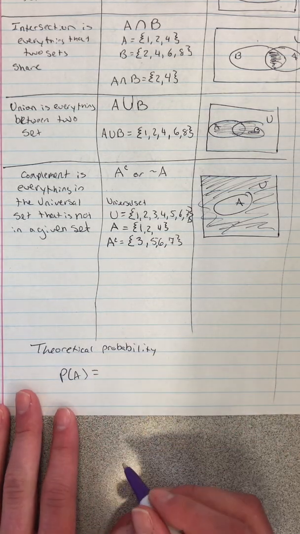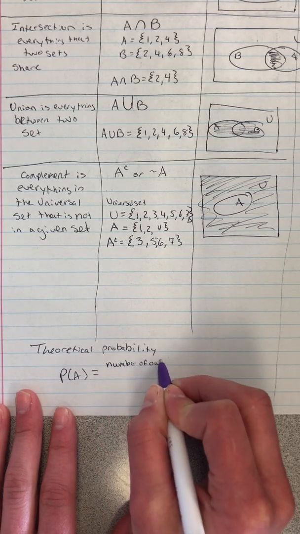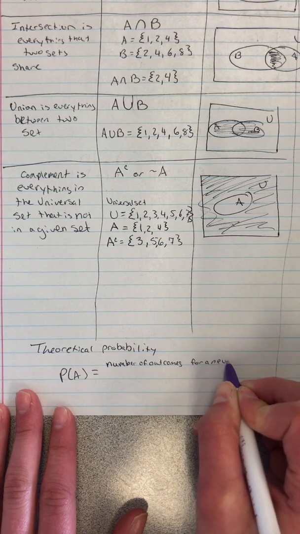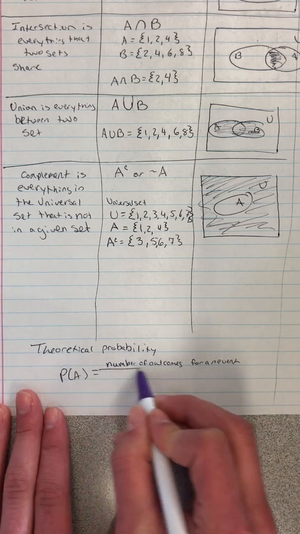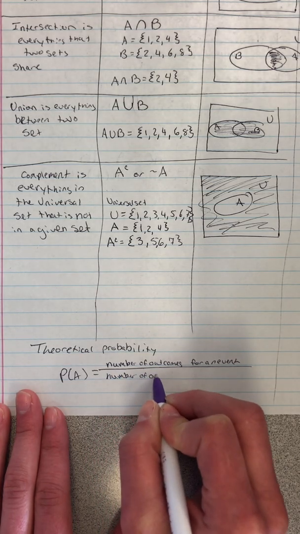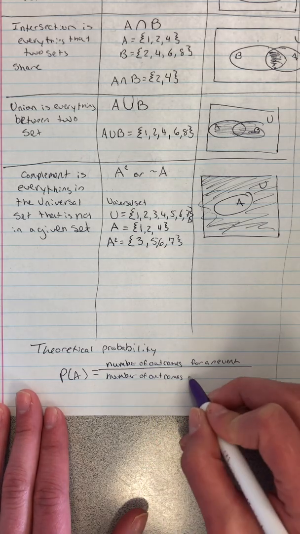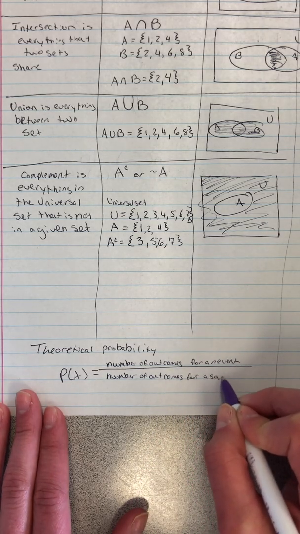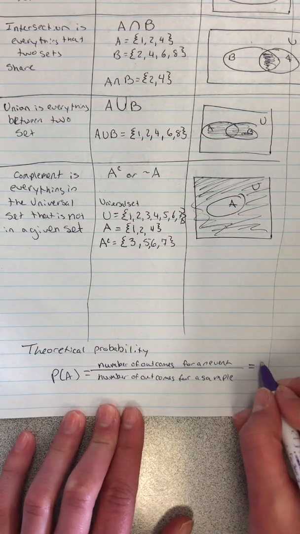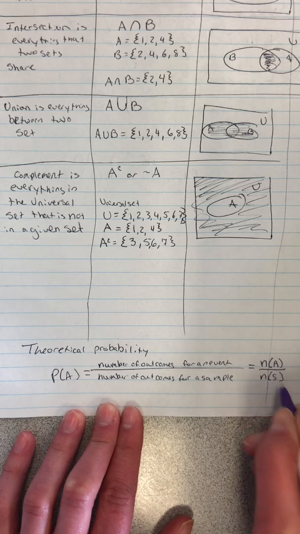The theoretical probability is the number of outcomes for an event over the number of outcomes for a sample. The best way to look at it is the N of A over the N of S.